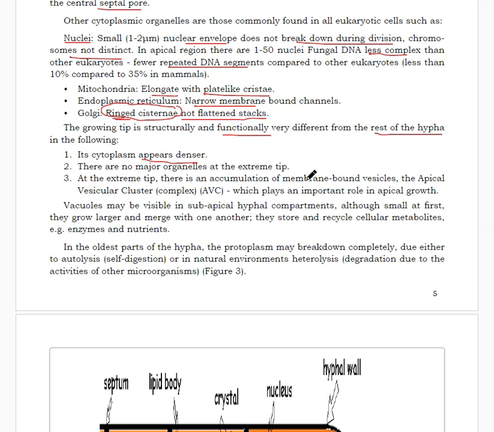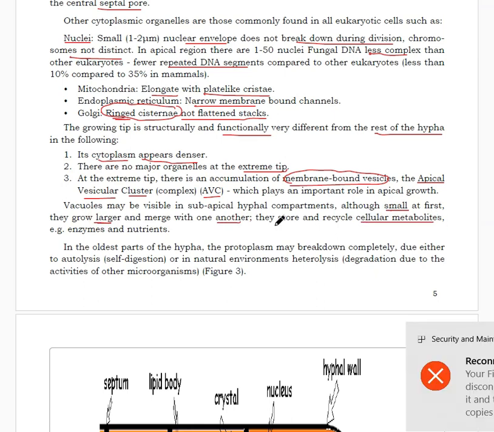The cells in active division have denser cytoplasm, and there are no major organelles at the extreme tip. At the extreme tip there is an accumulation of membrane bound vesicles, known as the apical vesicular cluster (AVC), which plays an important role in apical growth. Vacuoles may also be visible; they are smaller at first, then grow larger and merge with one another, and they store some cellular metabolites like enzymes and nutrients.